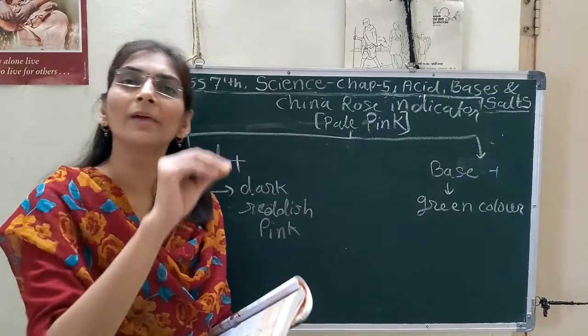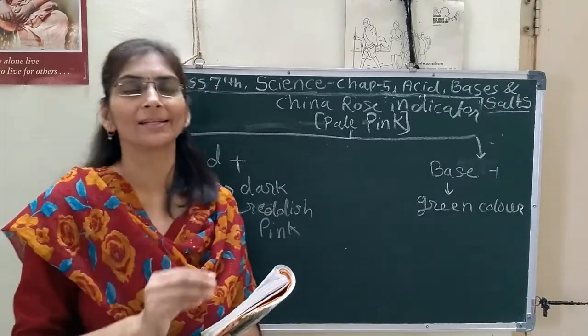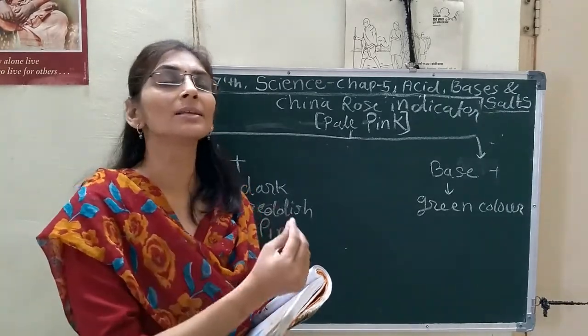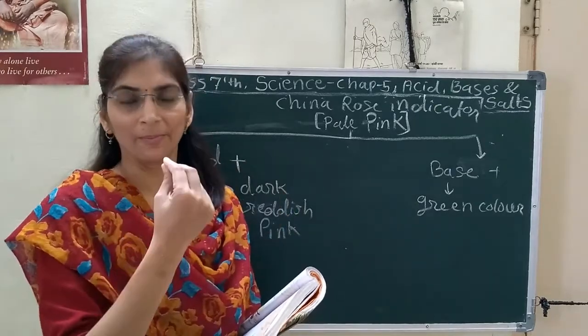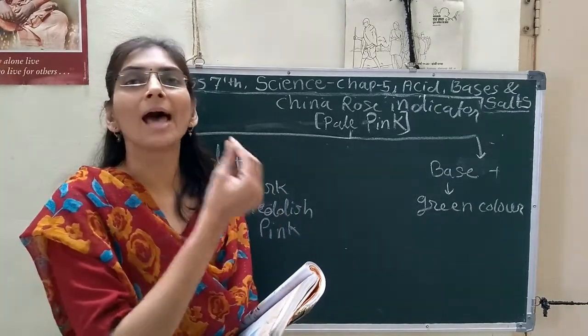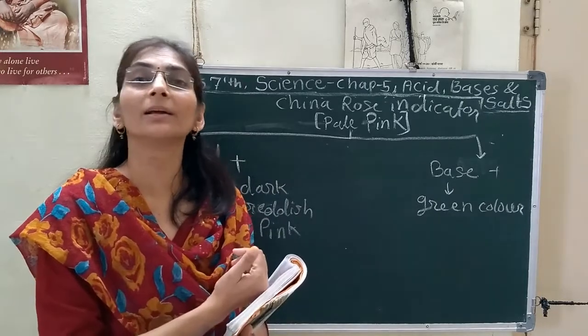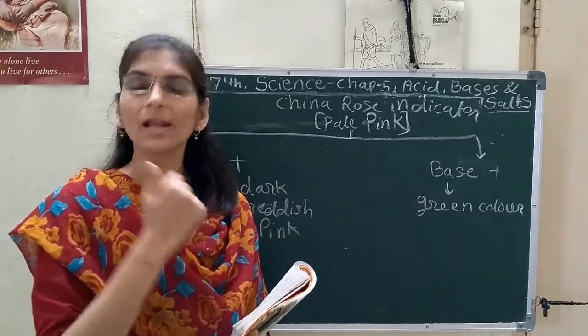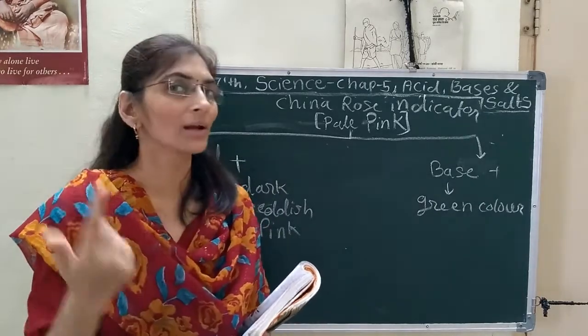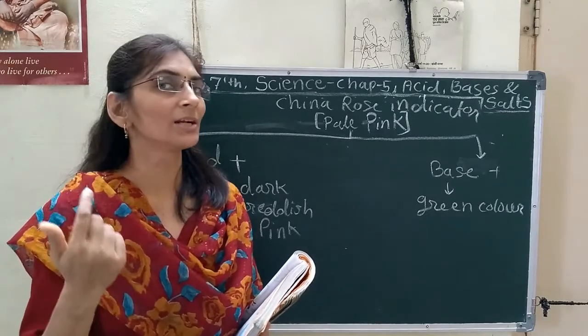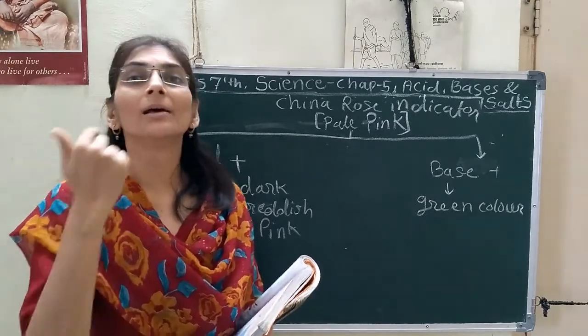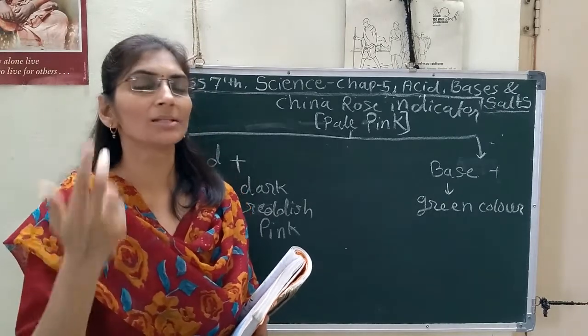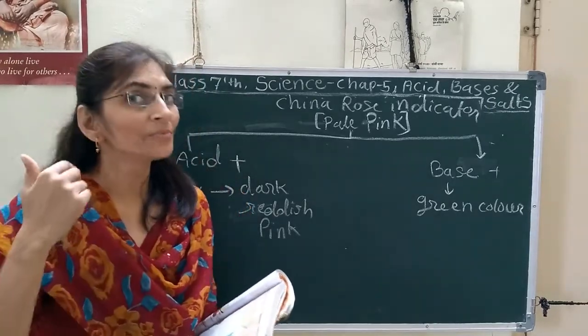If you make a solution of these acids and bases, you will get the result with the litmus papers. With acid, blue litmus will give the result, it will turn red. And with base, red litmus paper will give the result, and it will turn blue.